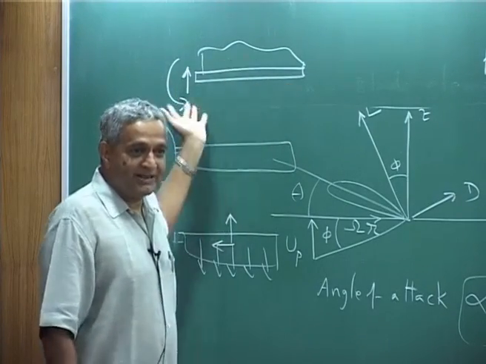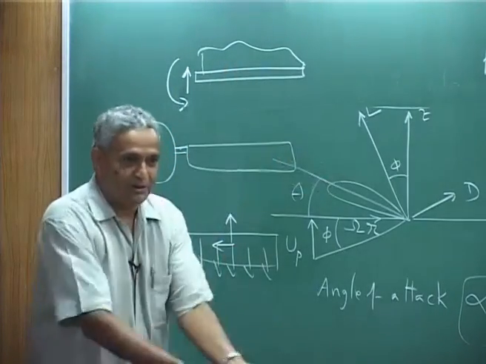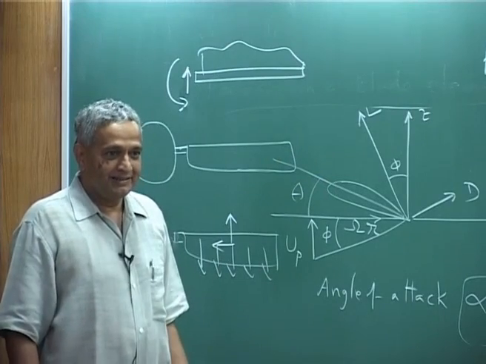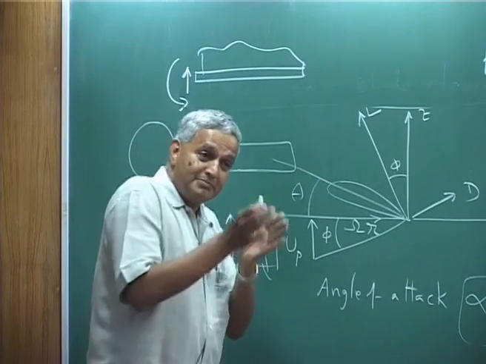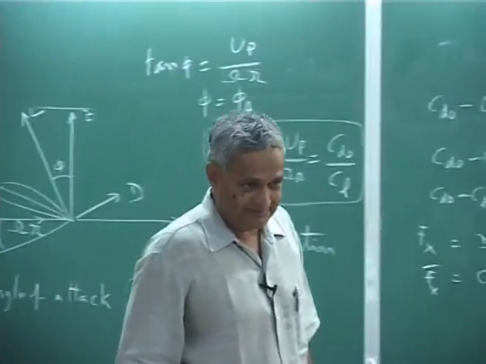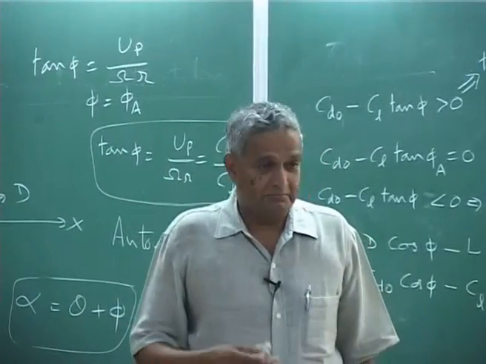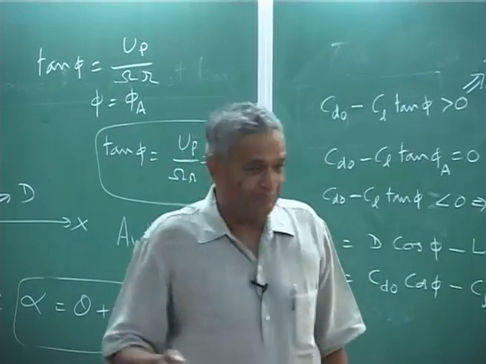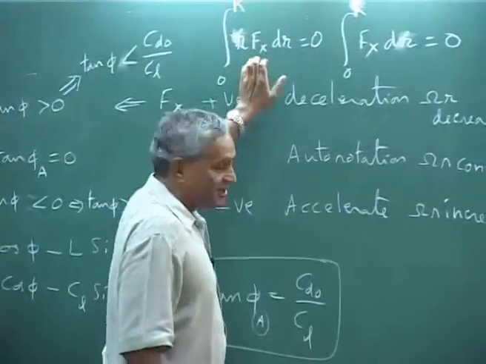Always this is balanced in static condition. I want torque to be 0, right? But when I make torque 0, am I making the force also 0? Not necessarily. That is what I put. This is torque is 0.